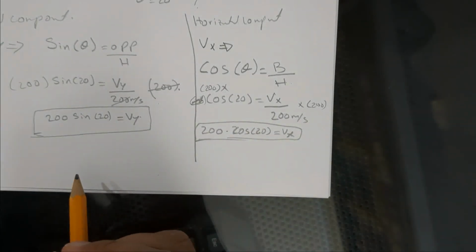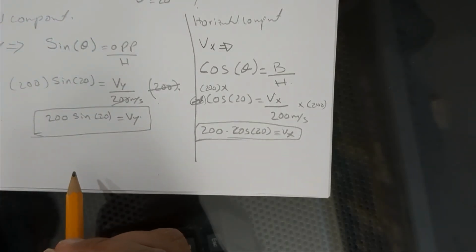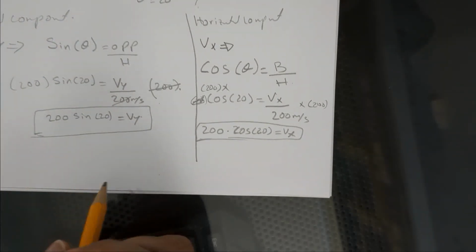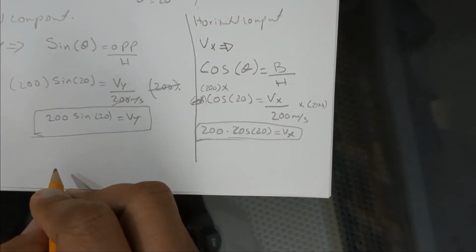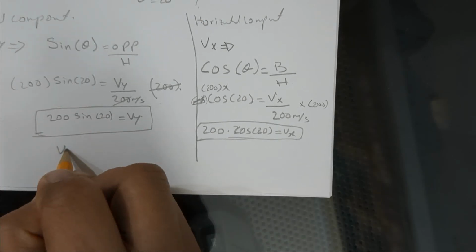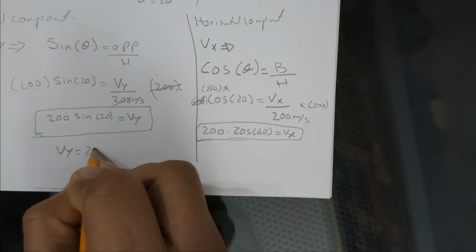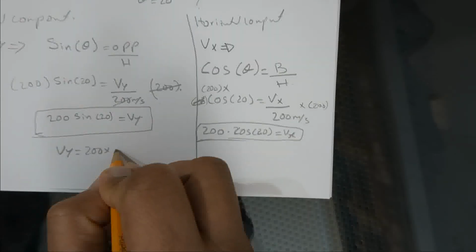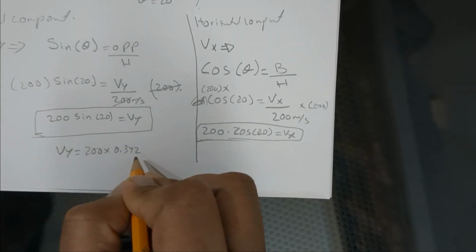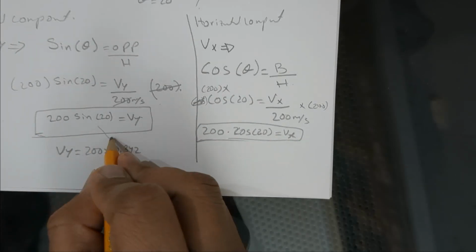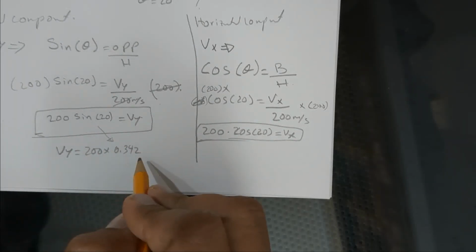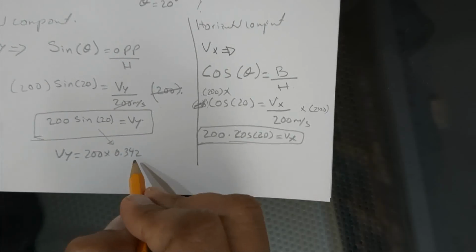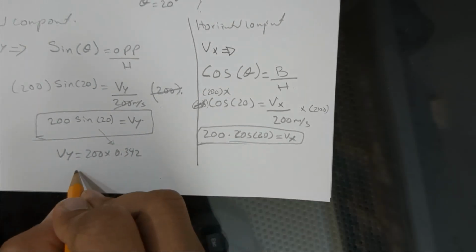So now let's just solve it. You can use your computer, or if you have a chart for sine and cosine, you can get the numbers. So let's just solve this quickly here. For your vertical component, Vy is equal to 200 times 0.342, right? And 0.342 is sine of 20. If you want to do it using a chart or a calculator, sine of 20 is 0.342.